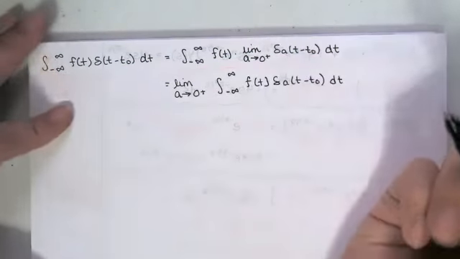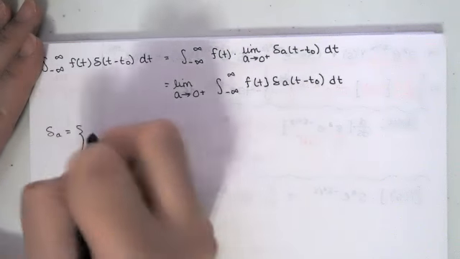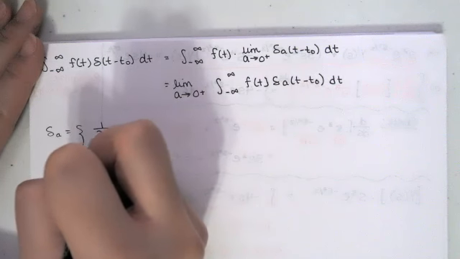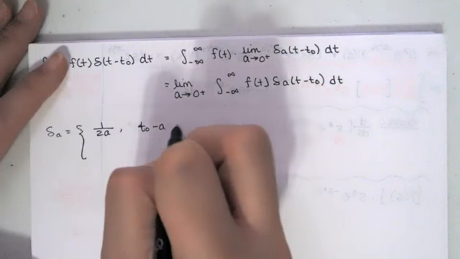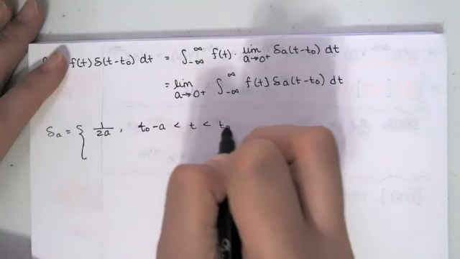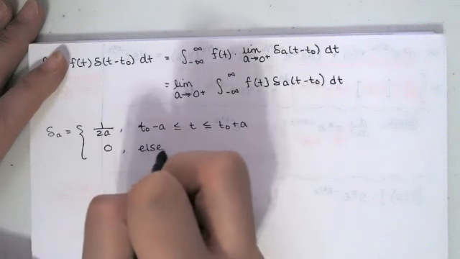Now remember how this function works. Delta sub a is 1 over 2a on the interval from t naught minus a to t naught plus a, and then it's 0 otherwise.